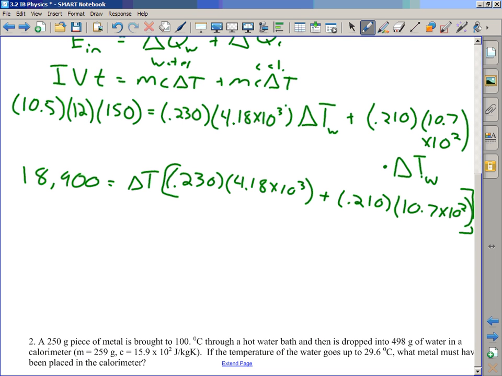Factor out delta T because it's different terms. Divide, and we've got ourselves an answer.